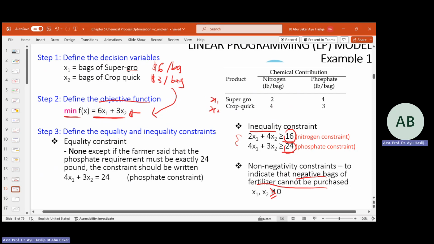It means the X cannot be negative. Okay?